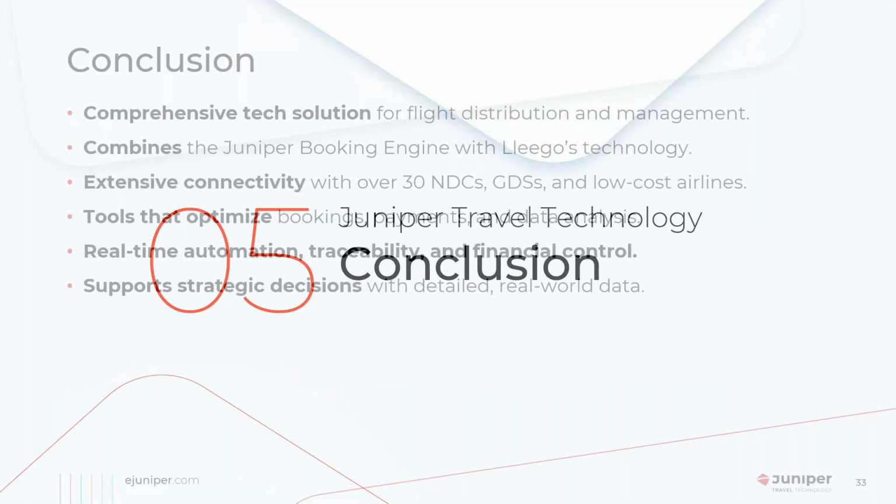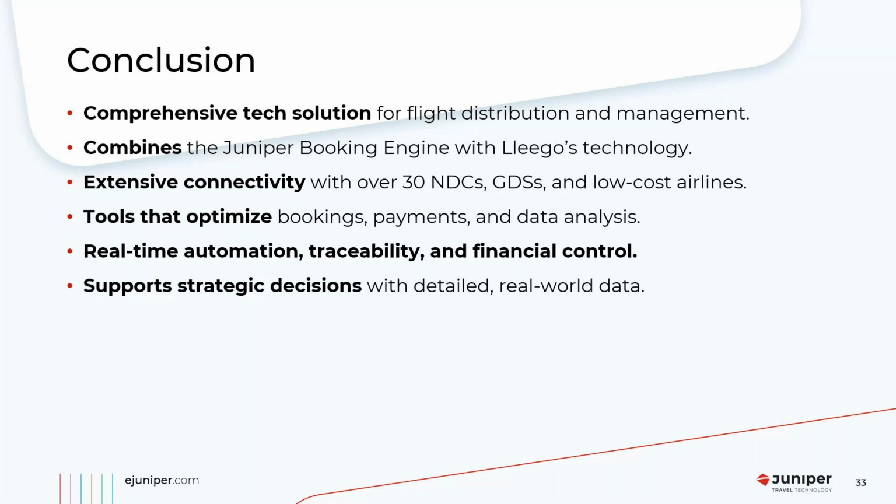So Juniper Flights by Lleego is a technological solution for flight distribution and management, combining the power of the Juniper booking engine with Lleego's technology. Thanks to its extensive connectivity with NDC airlines, GDSs, and low-cost airlines, and its specialized tools, such as Booking Tools, Payment Flights, and Business Intelligence Flights, it offers a robust platform that streamlines operations, automates key processes, and provides strategic business insight.